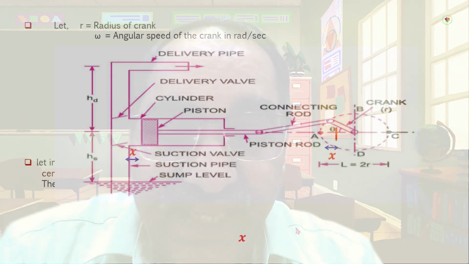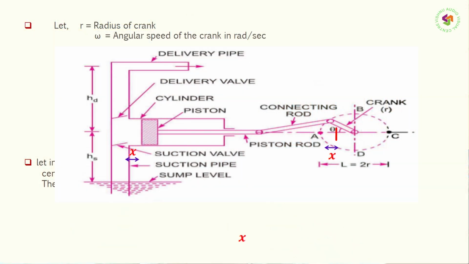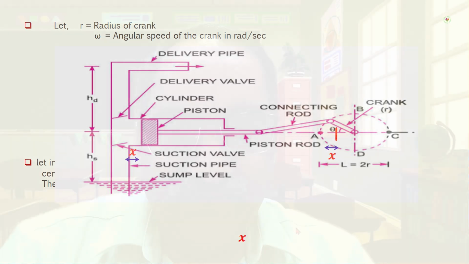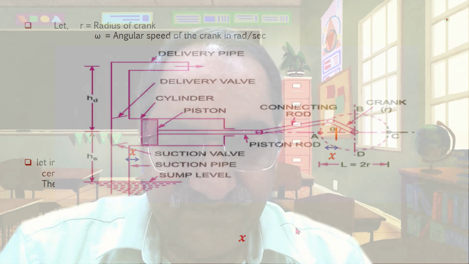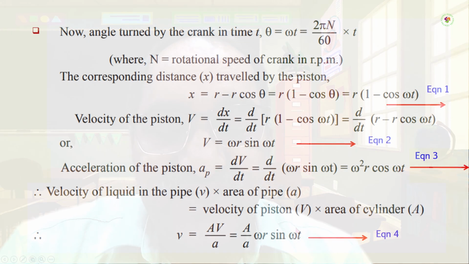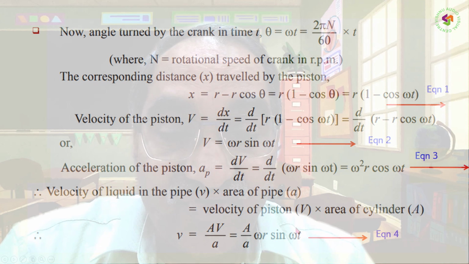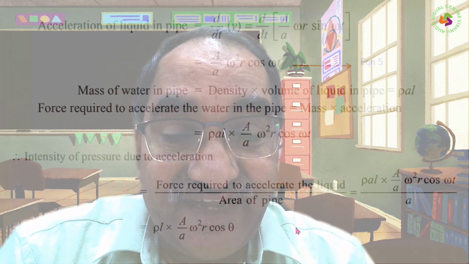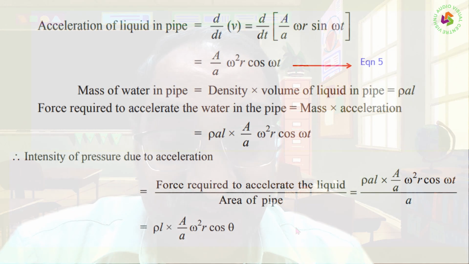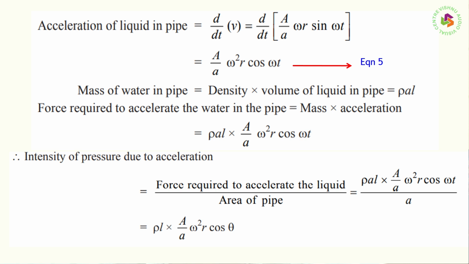At the beginning of the stroke, the acceleration pressure head in the suction pipe is a plus value, so it adds to the existing suction head. At the middle, it doesn't add because the acceleration effect is 0. At the end of the stroke, the acceleration pressure head is negative. That means the final head at the end of the suction stroke is something less than Hs.